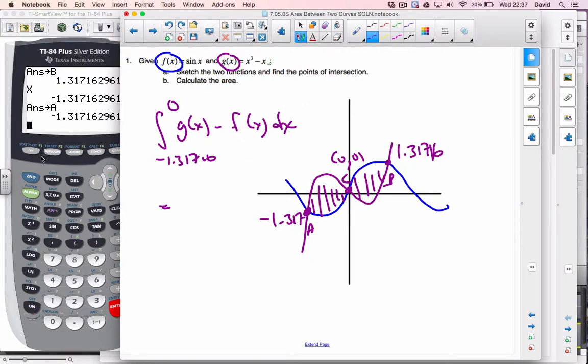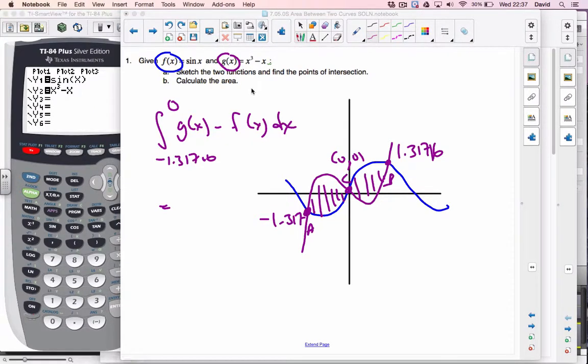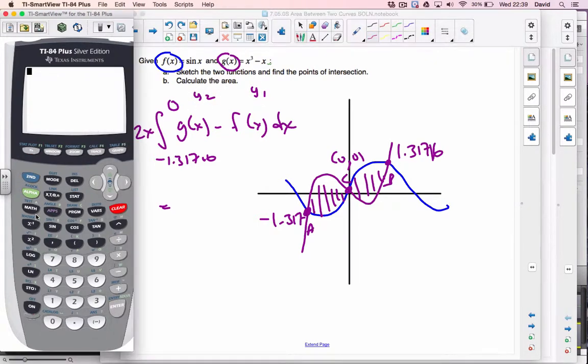I've already been using my calculator, so let's continue doing that. If I remember, f of x is y1, and this is y2. So from here, I know this is y1 and y2. And so if I go to math, number 9, I'm going to go from alpha A to 0.